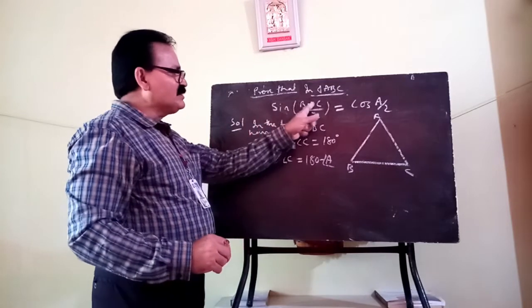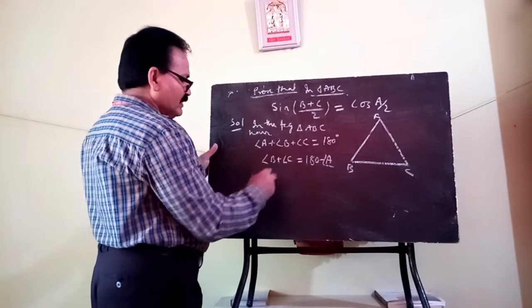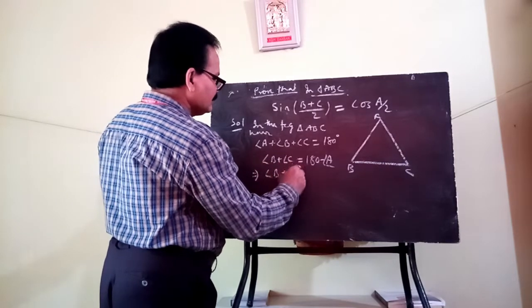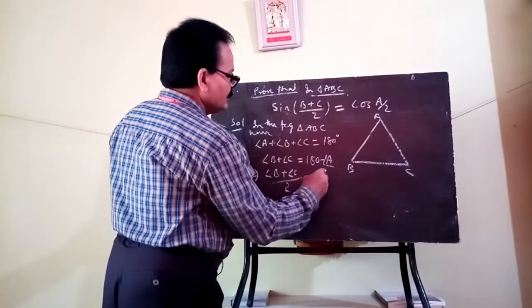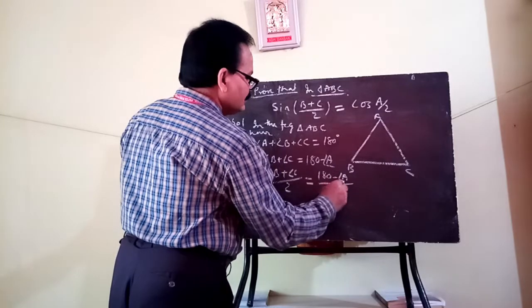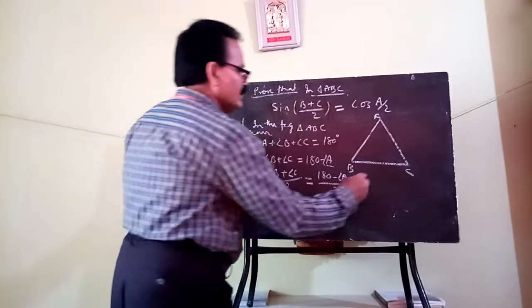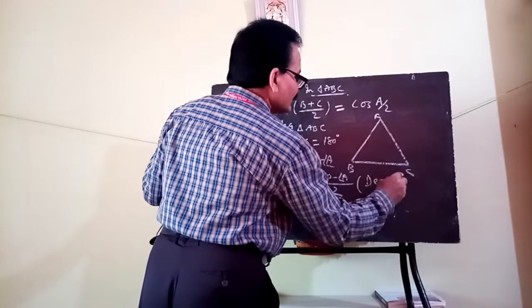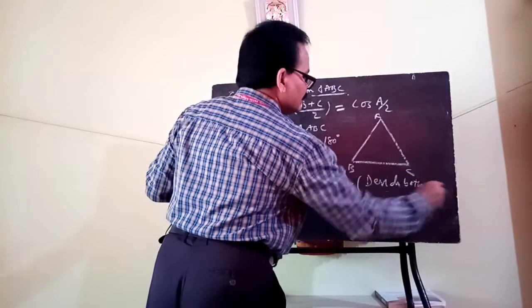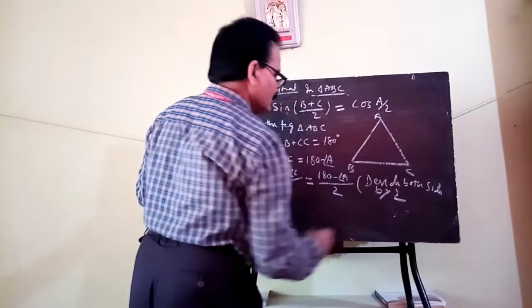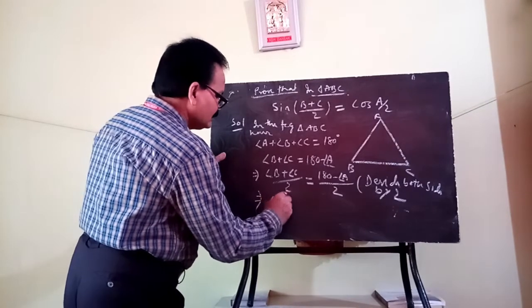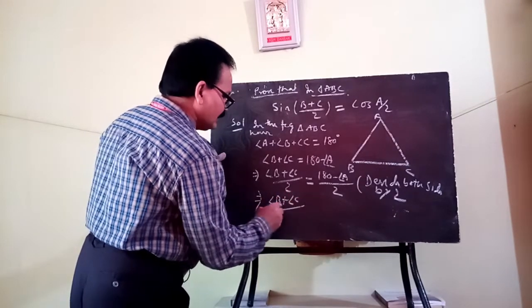Now you see sin (B plus C) by 2, that means you have to divide by 2. So divide B plus C by 2, and also divide the right side, 180 minus A, by 2. Here you write: divide both sides by 2. Okay. Now what will happen after division? This is angle B plus angle C by 2.